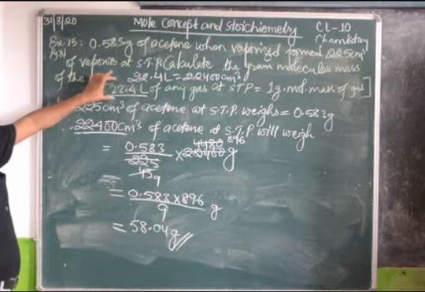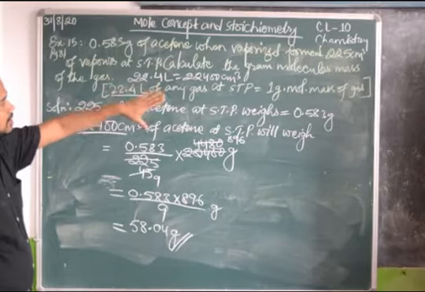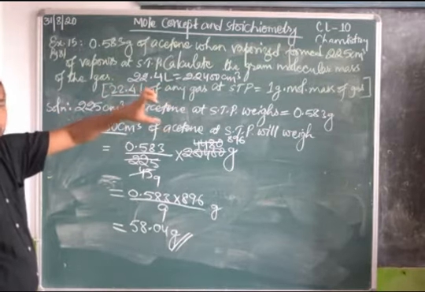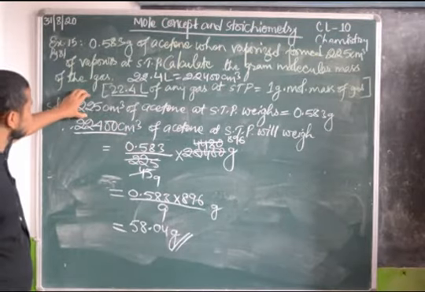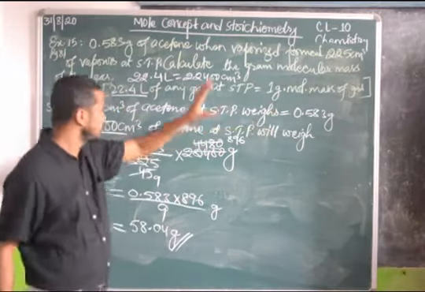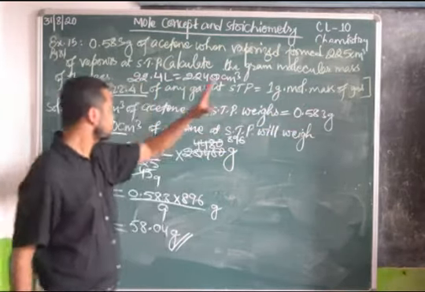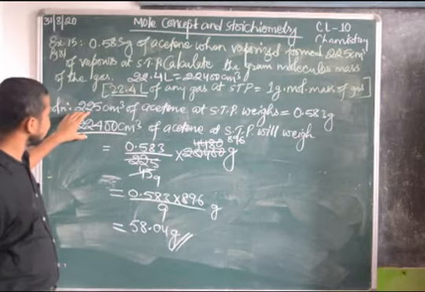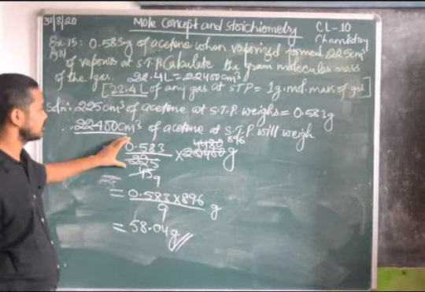So this concept you are using here, 22.4 liter of any gas at STP is equal to 1 gram molar mass of molecular mass of gas. So this much volume of acetone at STP weighs this much, means 1 centimeter cube, this divided by 225. Then 22.4 liter of acetone at STP will weigh this much.